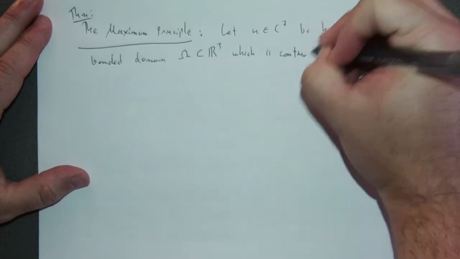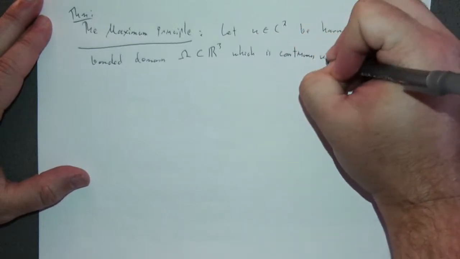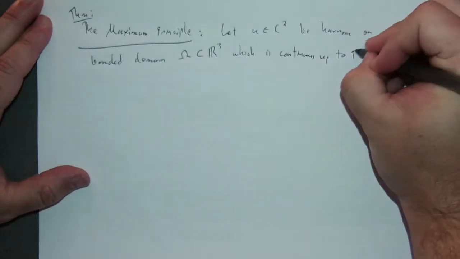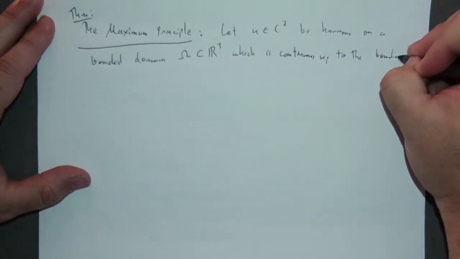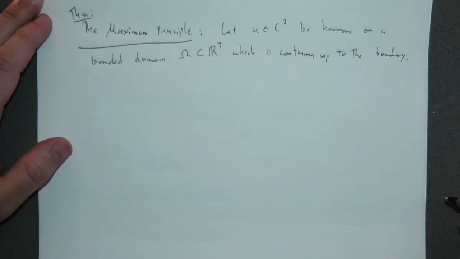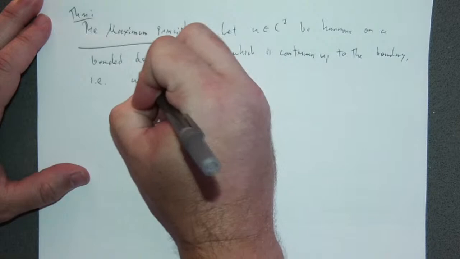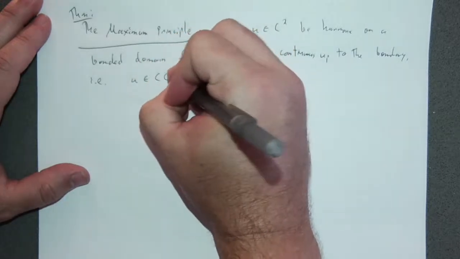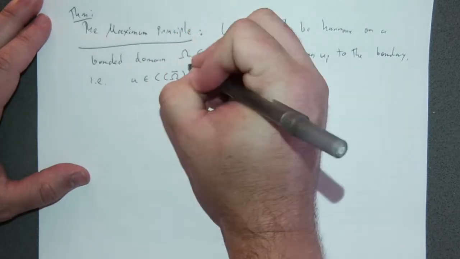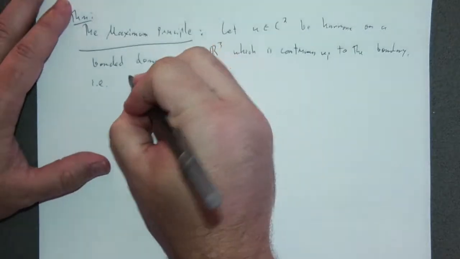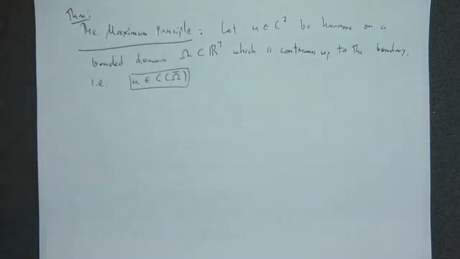which is continuous up to the boundary, i.e., a way of writing this is to say that U is continuous up to the closure of omega.